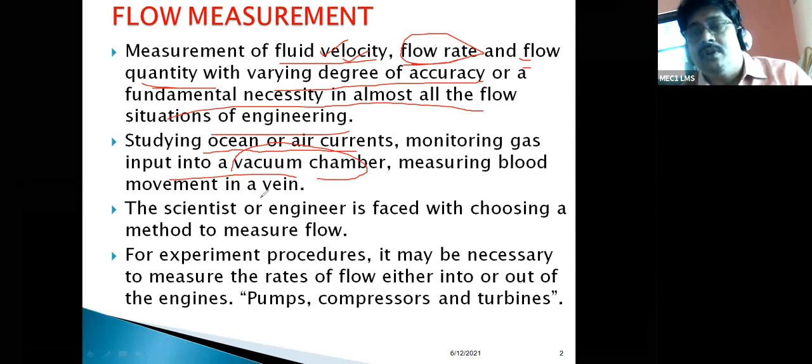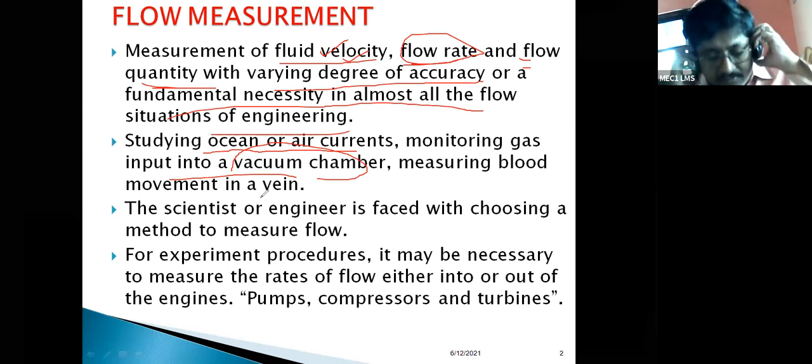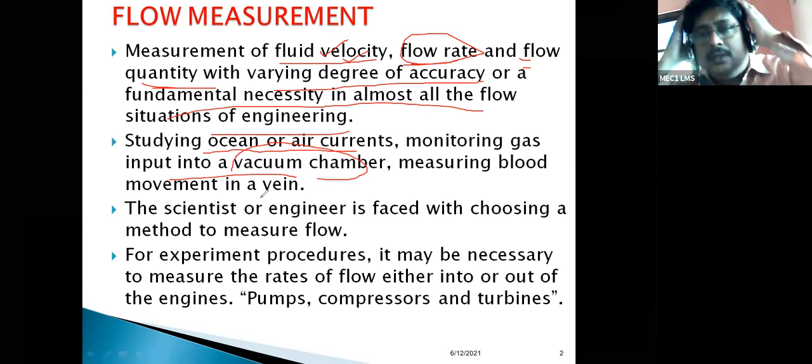All of you know blood pressure, right? The blood is flowing in the veins. Here the flow rate is how much the blood is moving in the vein.